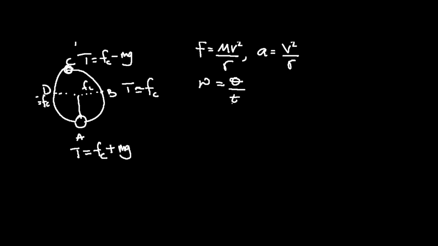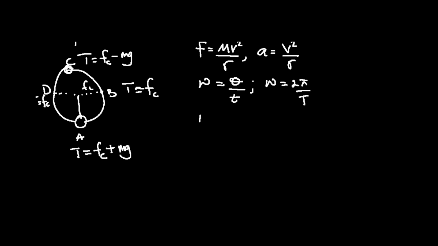Angular velocity is what we define as the change of the angle per second. So the change of the angle per second is what we refer to as angular velocity. If this body completes one circle, omega is going to become 2 pi over T, isn't it?